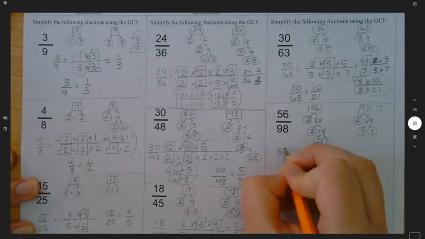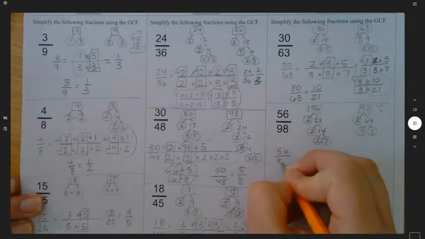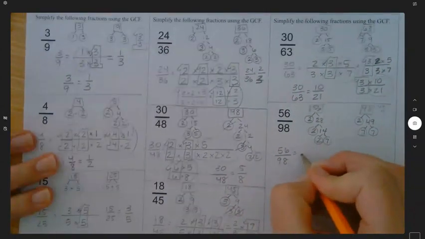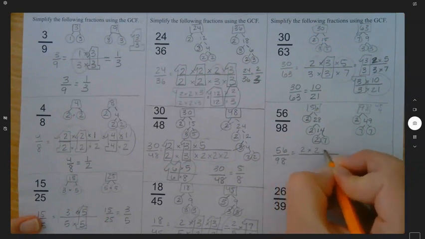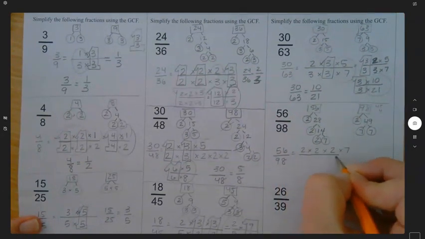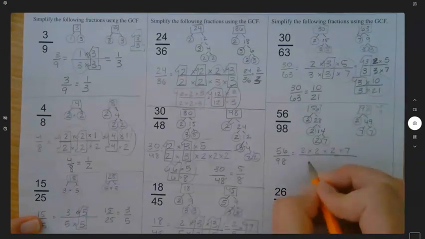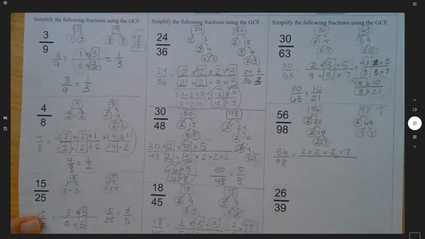Next step, rewrite our fraction as a multiplication sentence of the prime factors. So 56 is 2 times 2 times 2 times 7. And then 98 is 2 times 7 times 7.